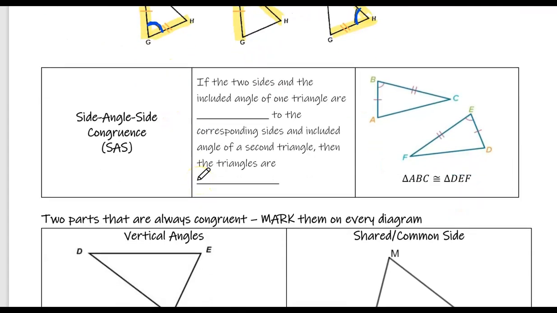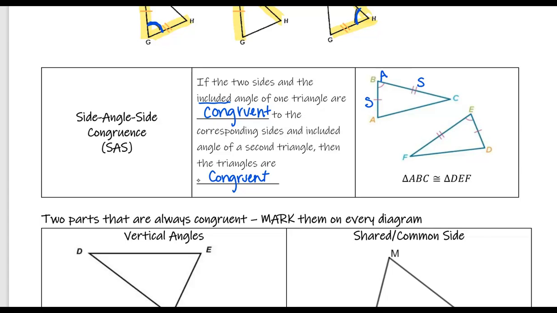So for side angle side, if the two sides and the included angle of one triangle are congruent to the corresponding sides and included angle of the second triangle, then the triangles are congruent. So we have to have that side and then the angle that is sandwiched between.